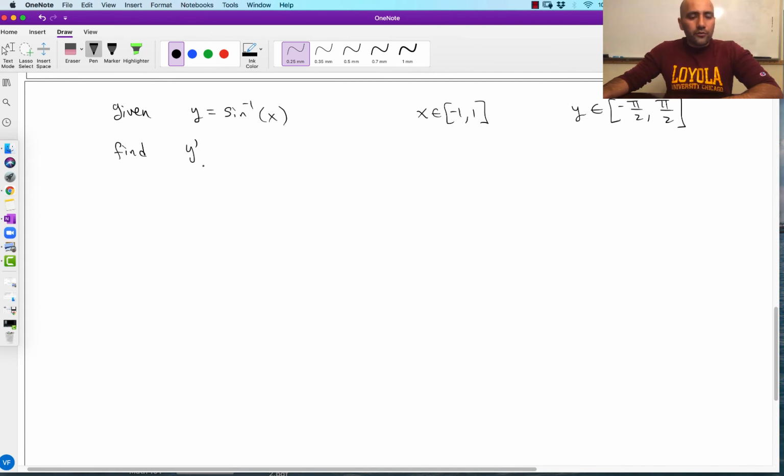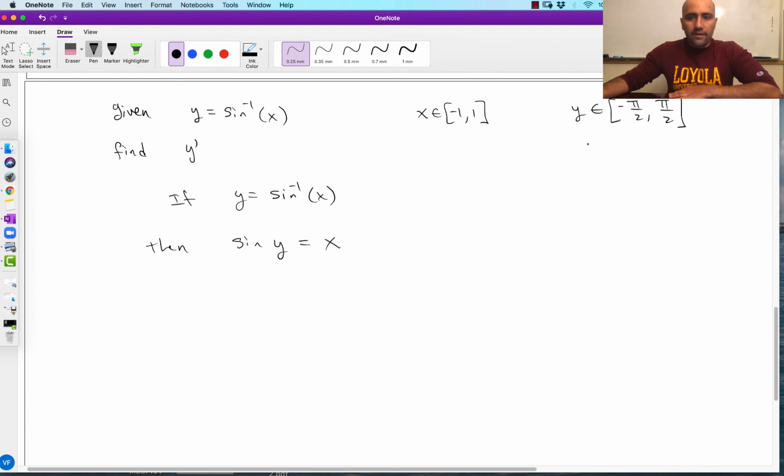Well, before we do that, though, let's reverse this by definition. If y equals sine inverse of x, then sine of y must be equal to x.